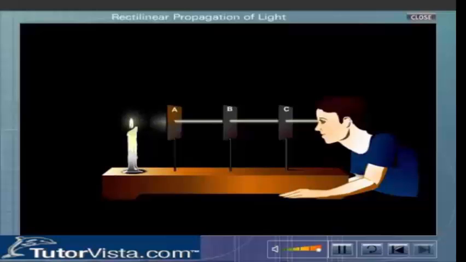Now, move any one of the cardboards and see what happens. You cannot see the burning candle. So, students, with this you can say that the light travels in a straight line.